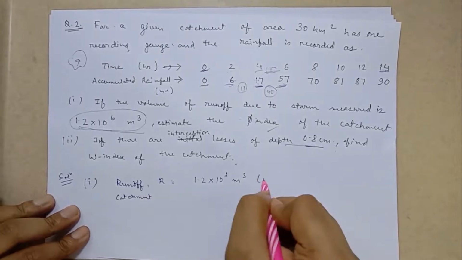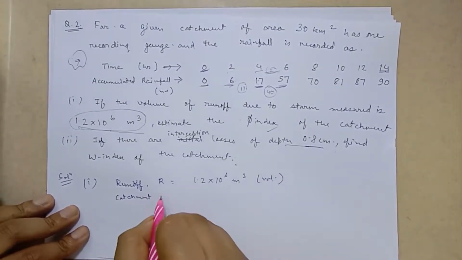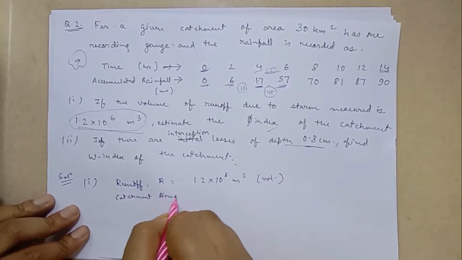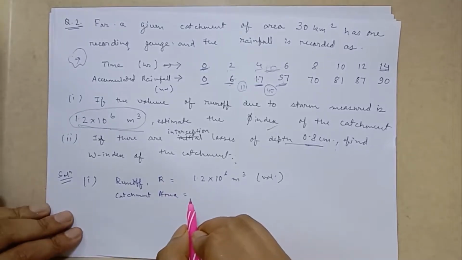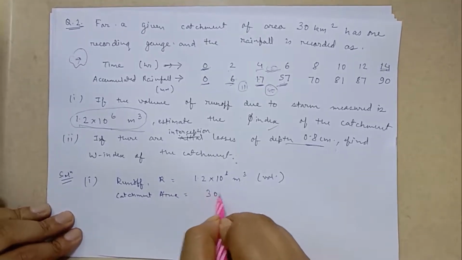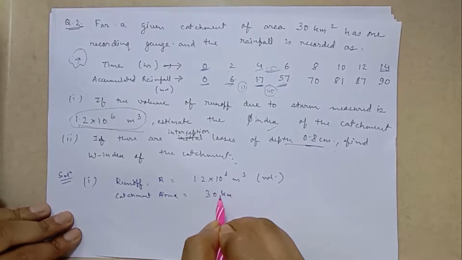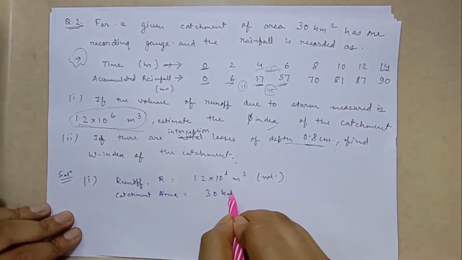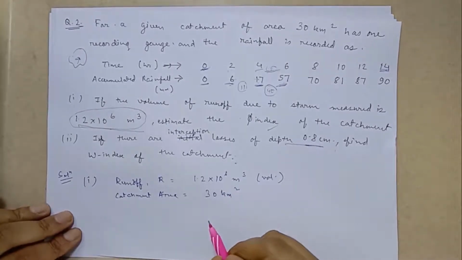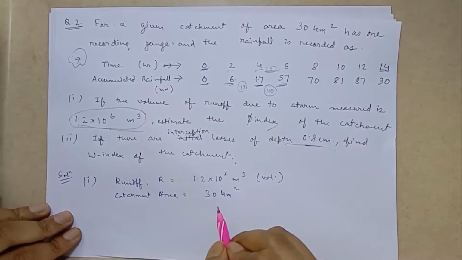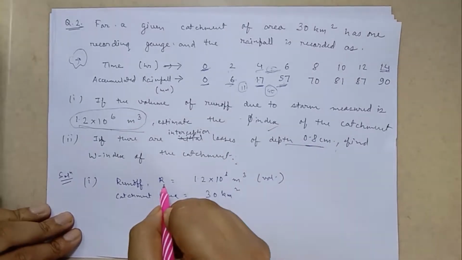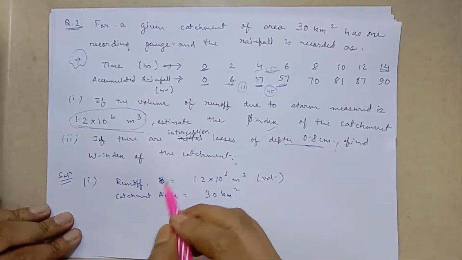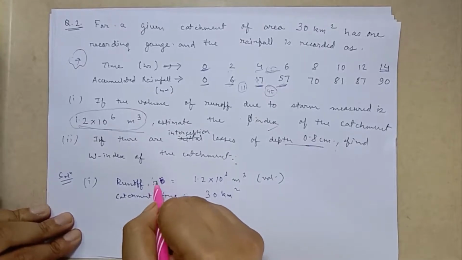Catchment area is given 30 kilometer square. Okay, so therefore what will be the value of, so let us take this as small r.